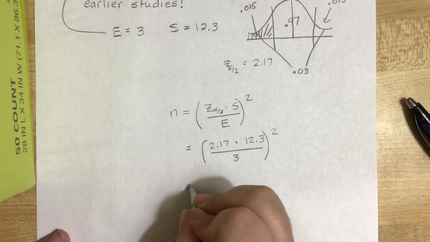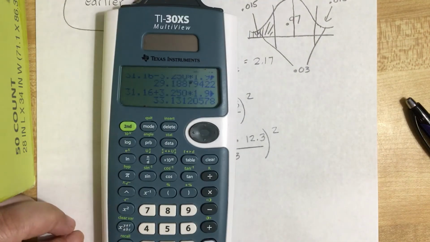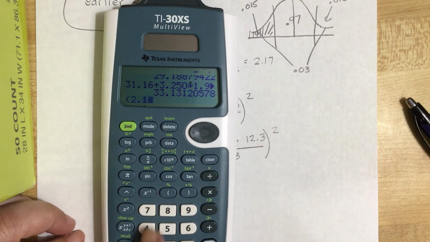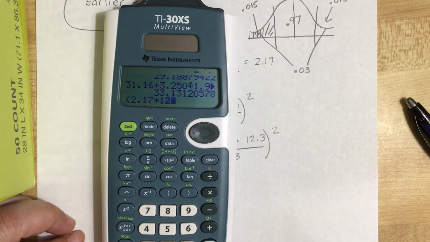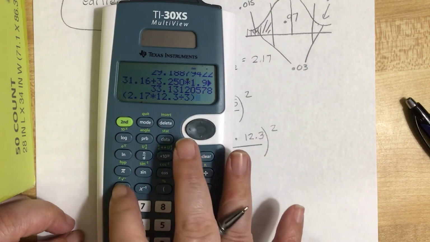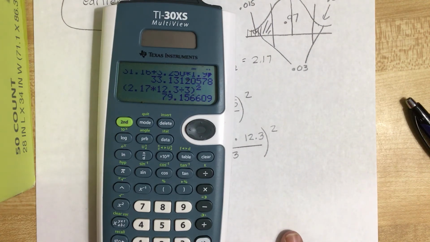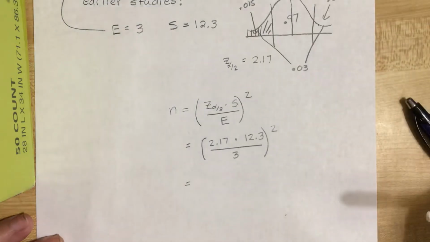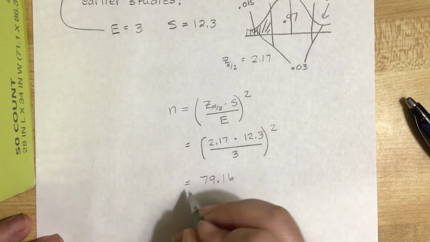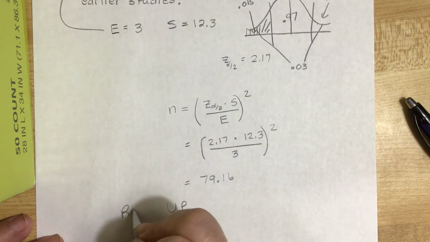And if I put that in the calculator, I get 2.17 times 12.3 divided by 3, and we want to square that. And we get a value of 79.16. We know we're going to round up to the next whole number.